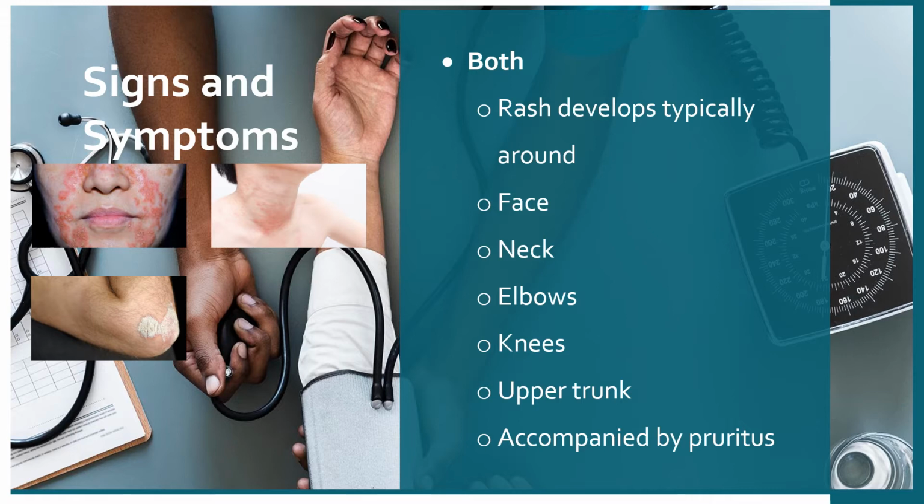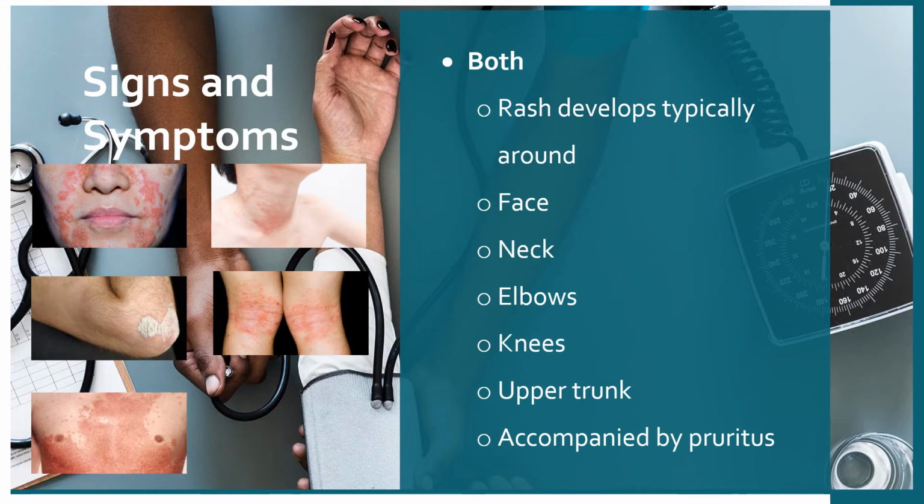This looks like it might be closer to a form of psoriasis, which is also a form of eczema. Next, we go to the knees. This is on the back of the knees, and these also itch a lot, which we'll talk about just coming up, and in the upper trunk area. And this is also on the back as well, accompanied by pruritus.